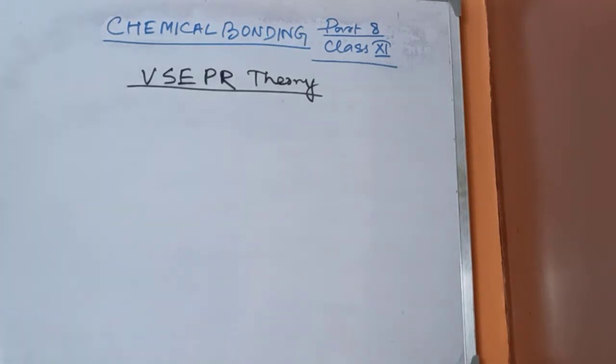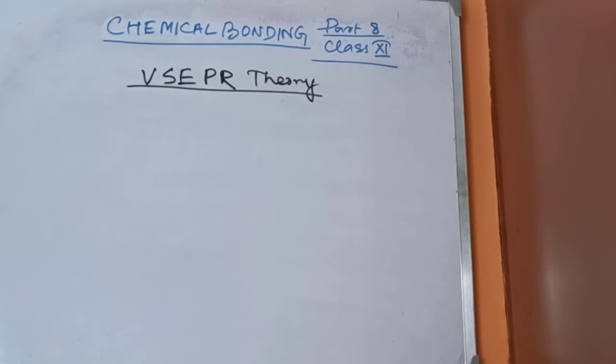With the help of octet rule, we were unable to depict the shapes of the covalent molecules. But with the help of VSEPR theory, we will be able to depict the shapes of the molecules. Molecules means obviously covalent molecules. So, let's start with the rules of VSEPR theory.